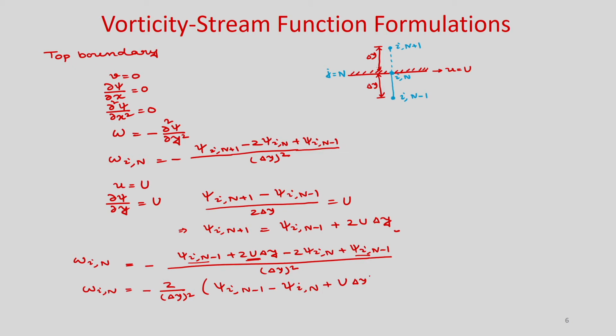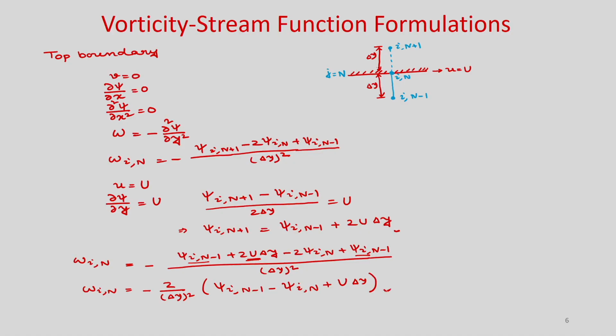So, along this top boundary the value of omega will be with this expression, where u is the lid velocity.